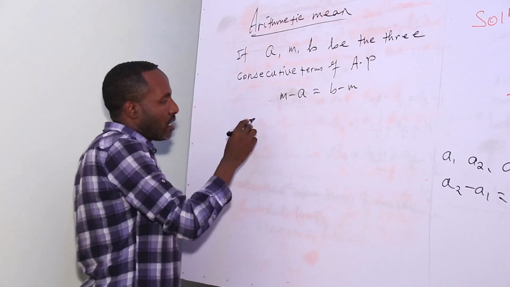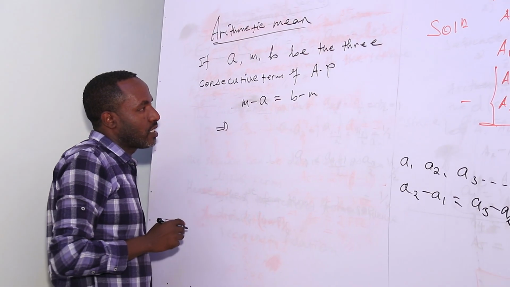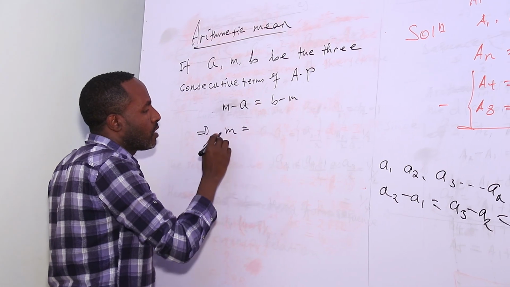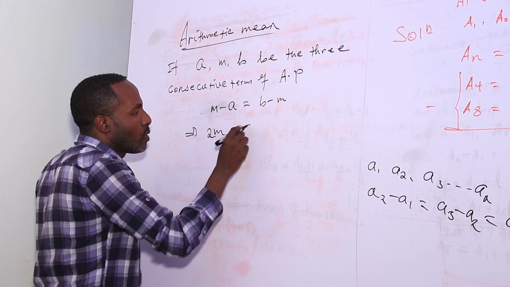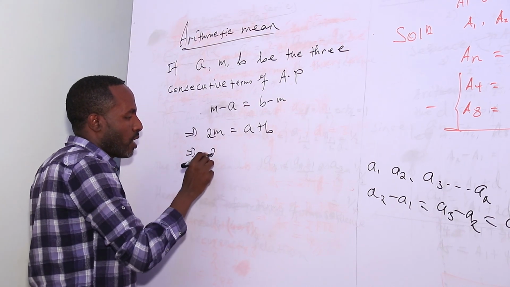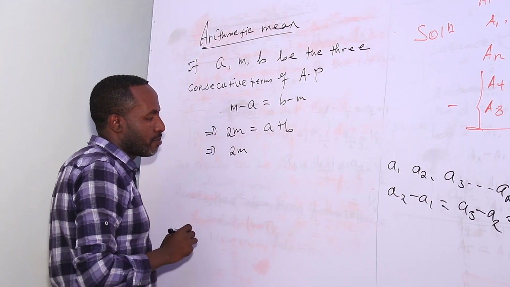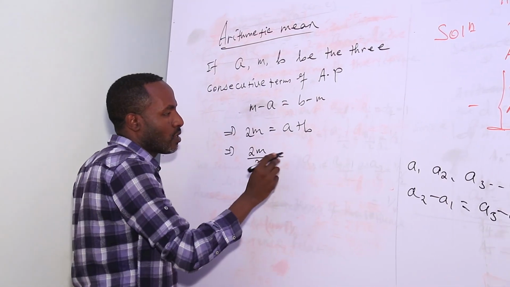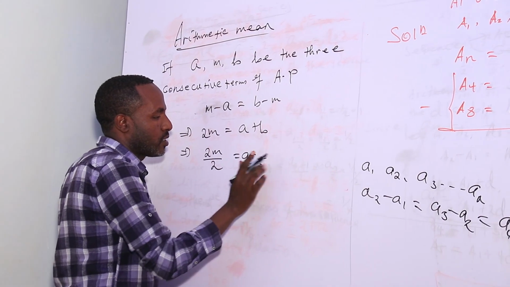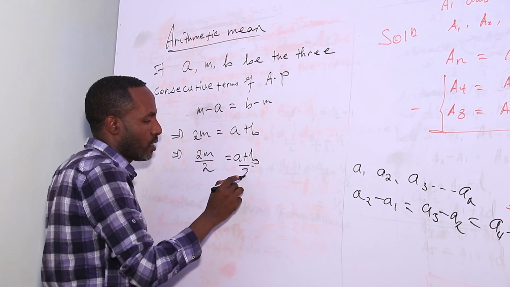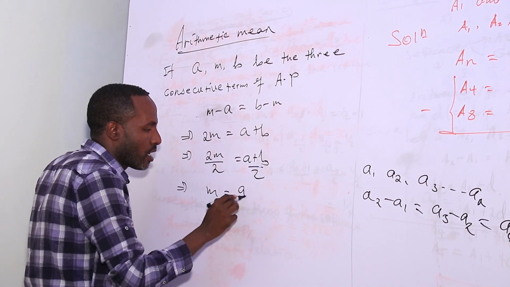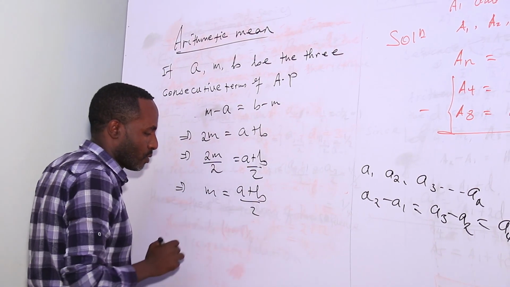Now we can rearrange here. So 2M equals A plus B, which means 2M over 2 equals A plus B over 2, which means that M is equal to A plus B over 2.